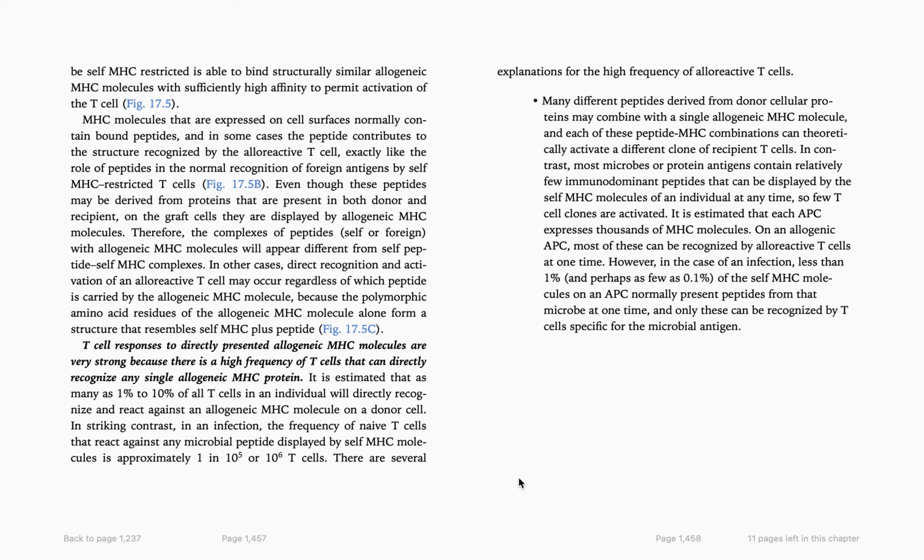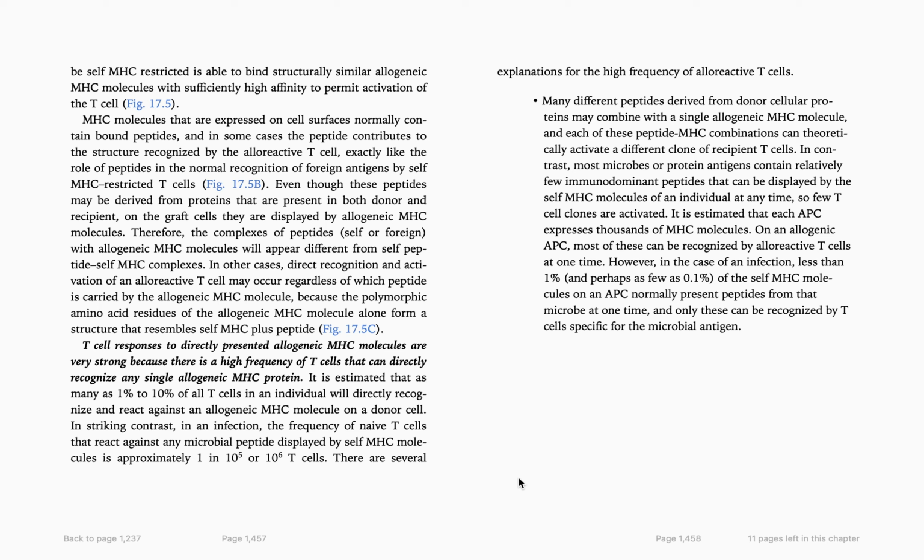In striking contrast, in an infection, the frequency of naive T cells that react against any microbial peptide displayed by a self-MHC molecule is approximately 1 in 10^5 to 10^6 T cells.